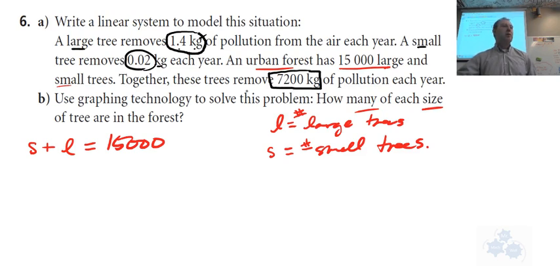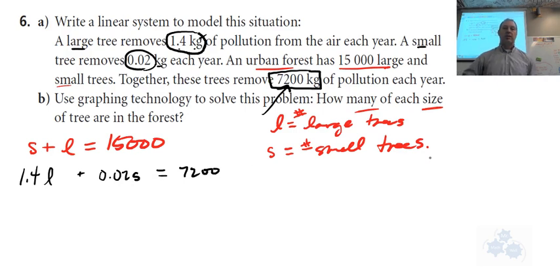So these three pieces of information make our second equation. 1.4 kilograms for every large tree plus 0.02 kilograms for every small tree equals a total of 7,200 kilograms. There's your second equation. So it's just a simple number of trees equation, and now what each tree does. If it's money or something like this, those pieces go together in an equation. So there's our two equations.